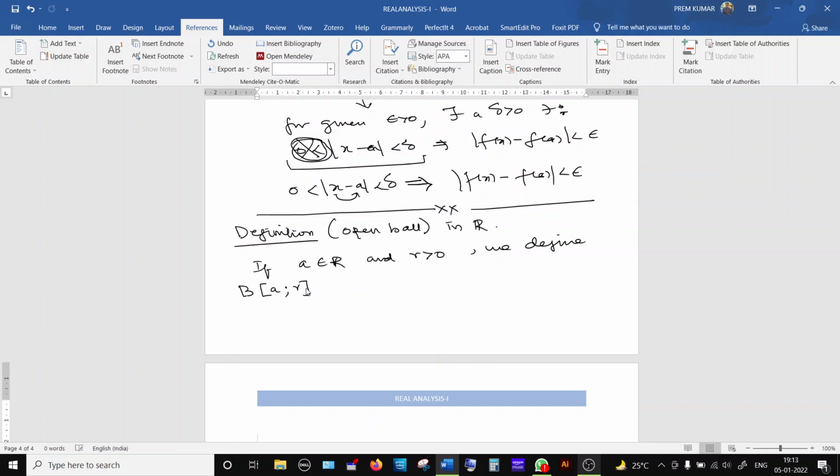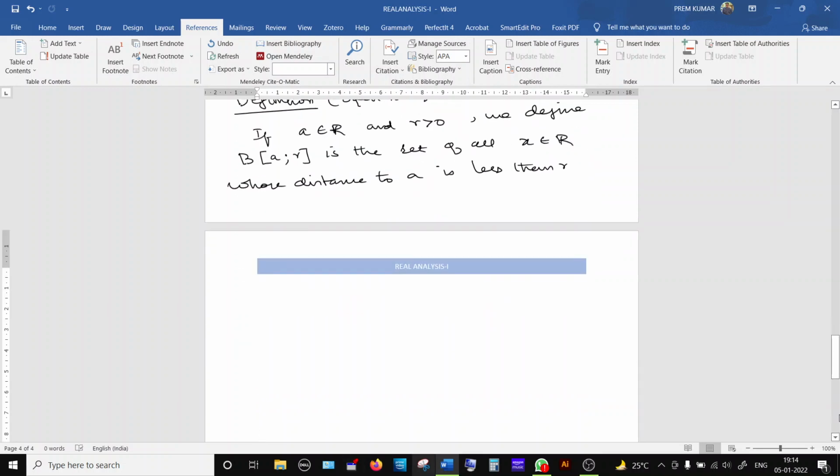This is a set. An open ball is a set. So I am going to define what this is. An open ball is the set of all real numbers x in R whose distance to A is less than r. This is the definition of this set B of A semicolon r.